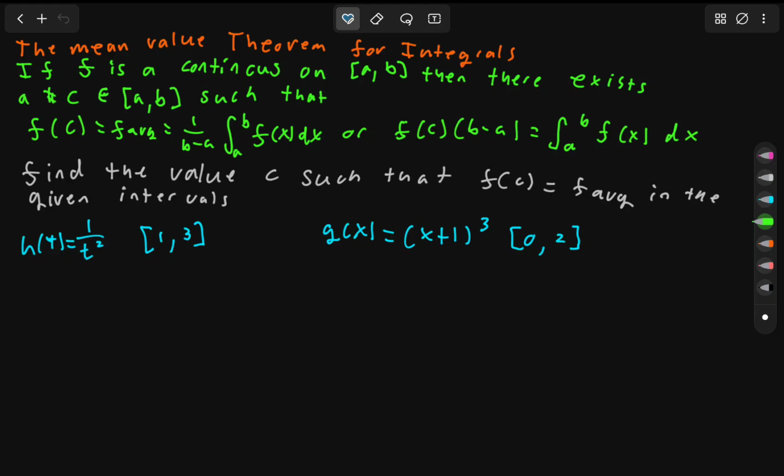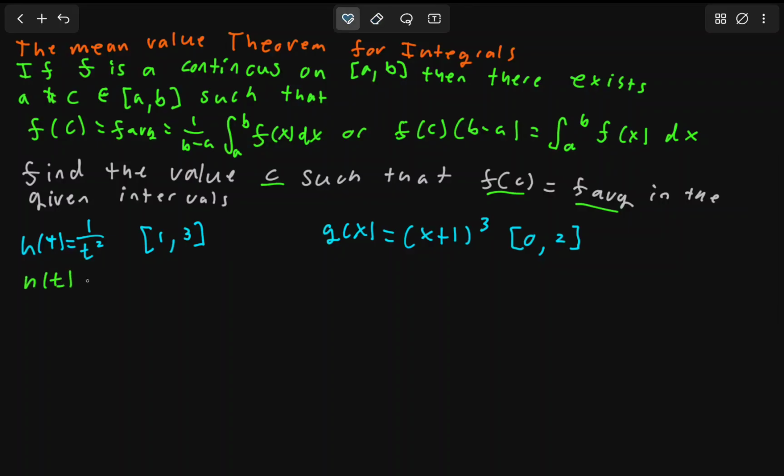So we want to use this mean value theorem to find the value c such that f of c is equal to the average value on the given intervals. Okay, well, for this first function, this is pretty much an easy cakewalk.